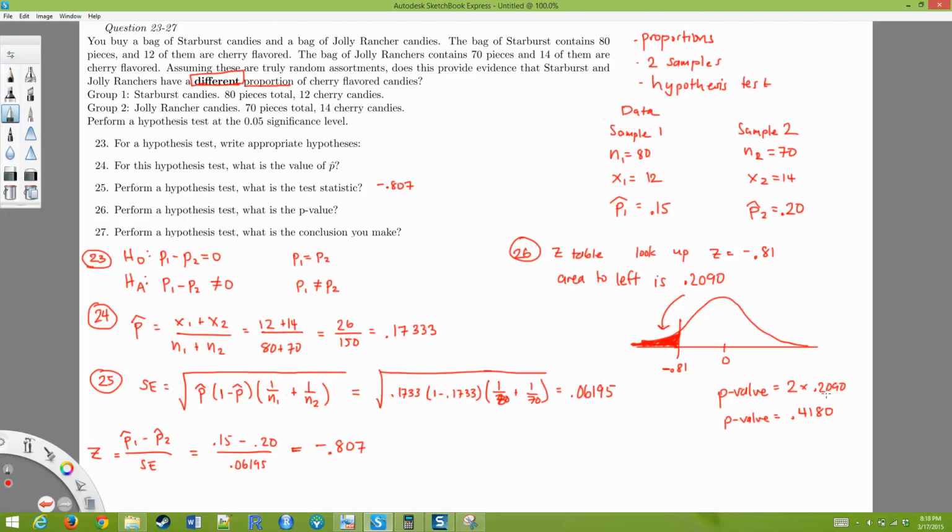Does that make sense? Is everyone okay with that? Yes, no, not so much? Okay, so again, you're always asking what is in the tail. When you have a two-sided test, it means we double the tail.